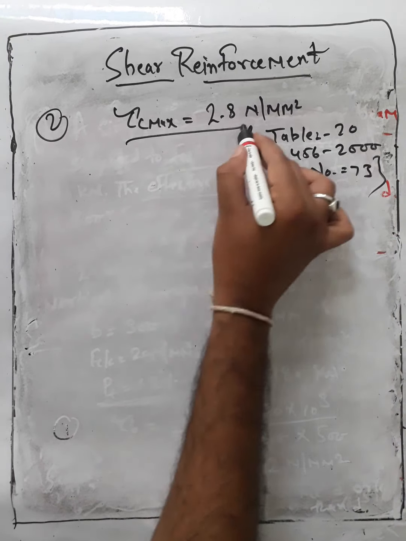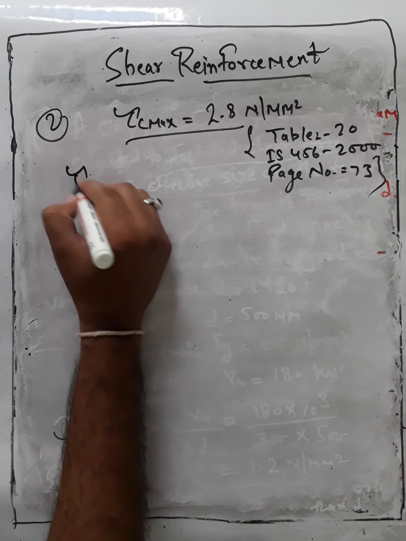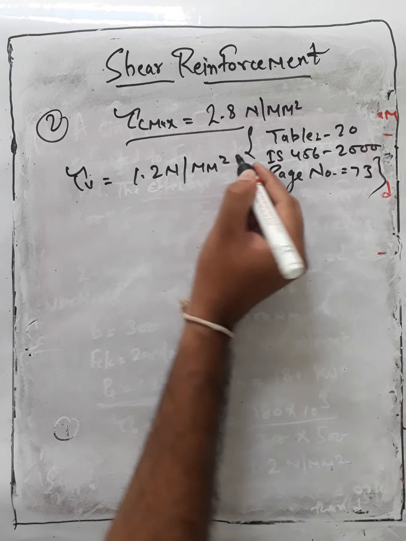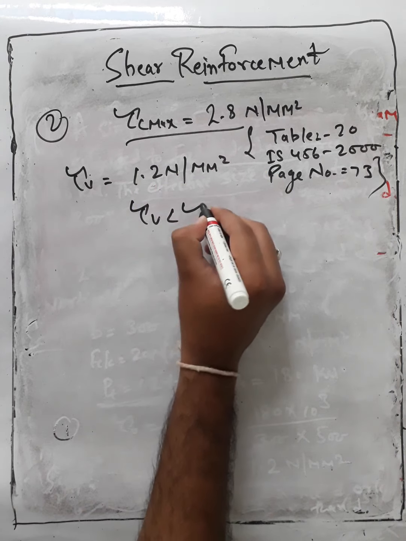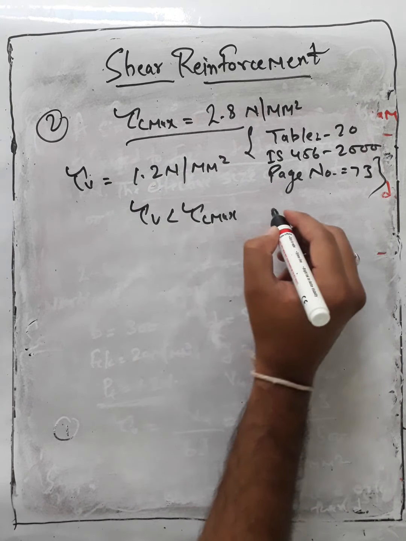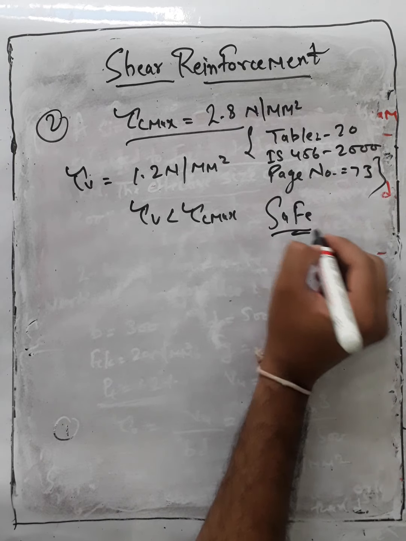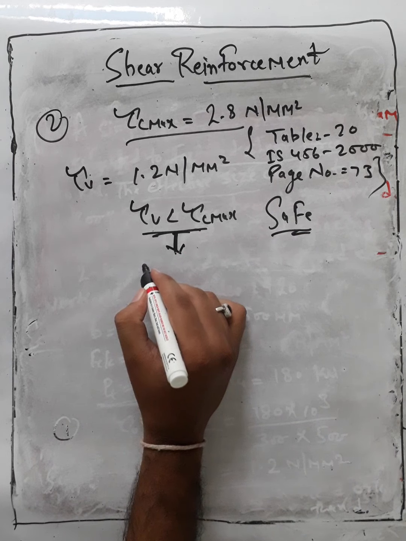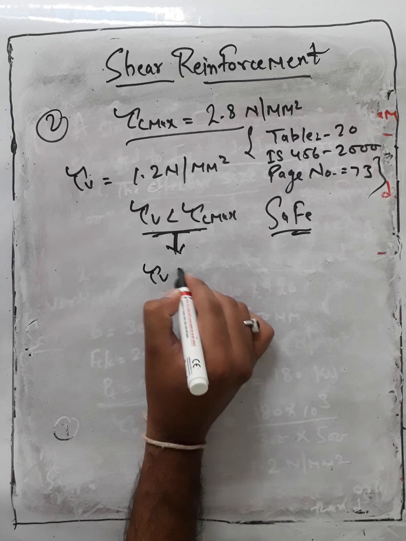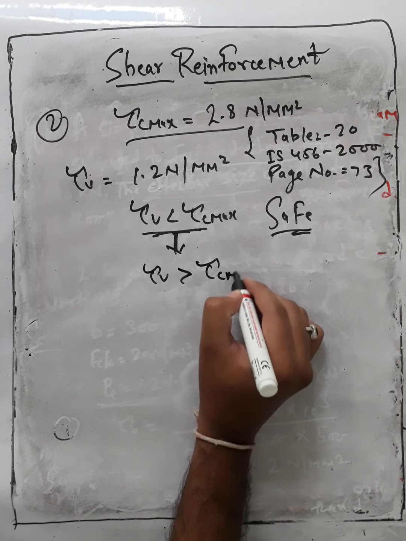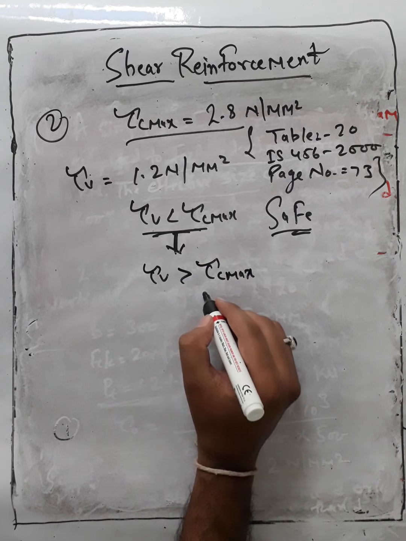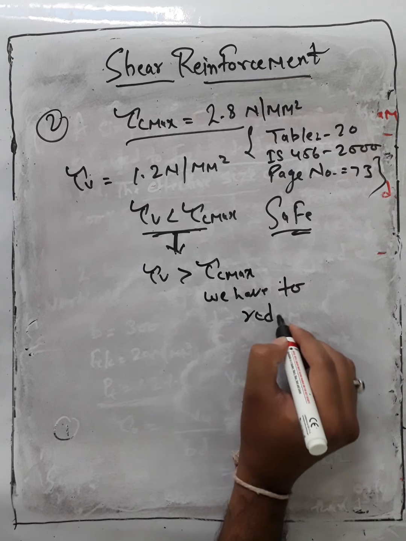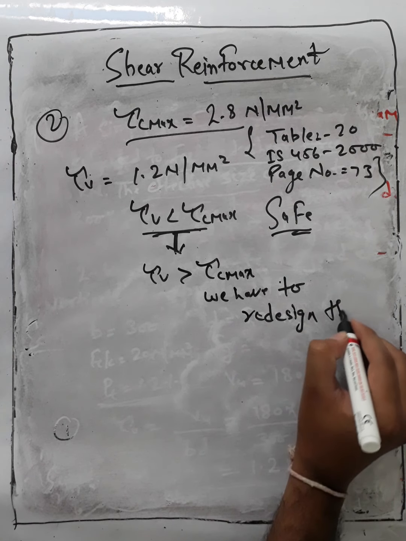So here we see tau c max is 2.8, and we already found tau v, which is 1.2 Newton per mm square. That means tau v is less than tau c max, which means it is safe. If this condition changes, meaning if we find tau v is greater than tau c max, then we have to redesign the section.